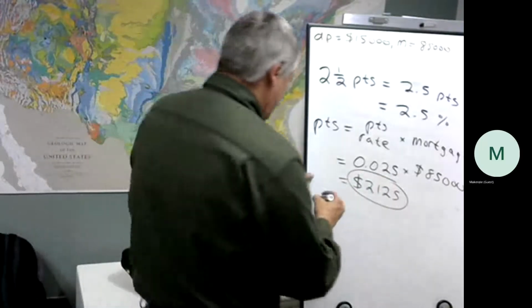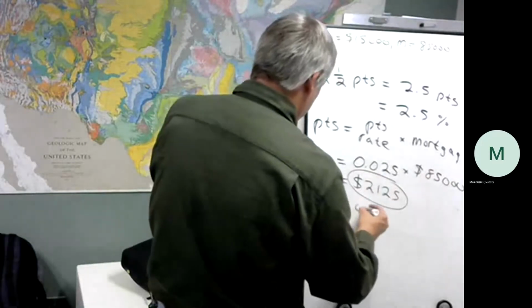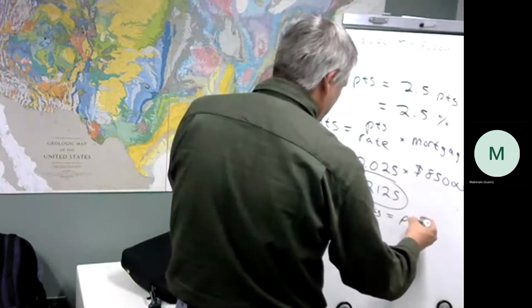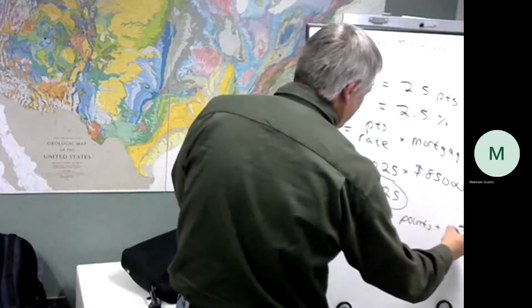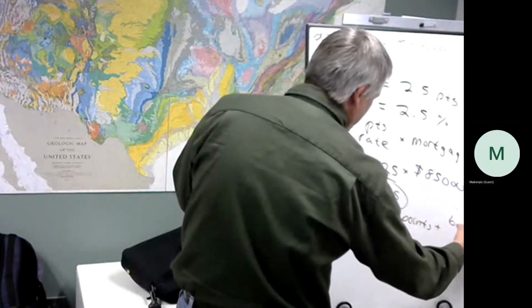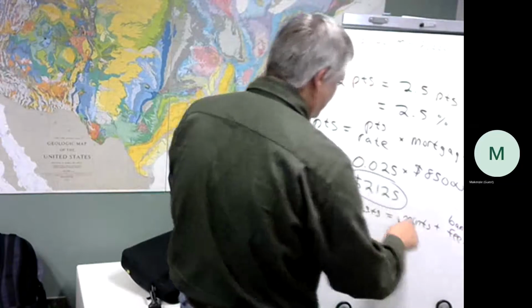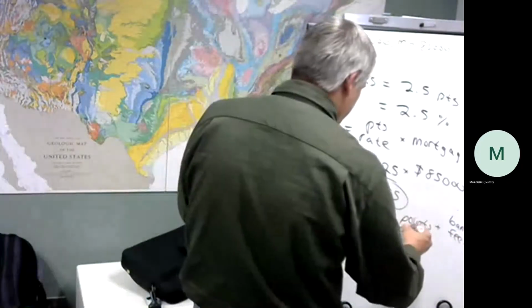Now for closing costs, this is points plus bank fees. And this is points as a dollar amount, not the percent. Points dollars.